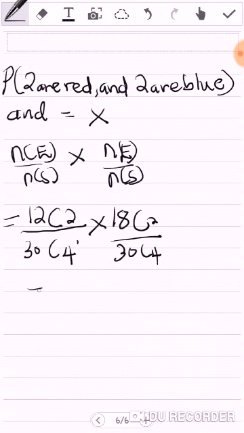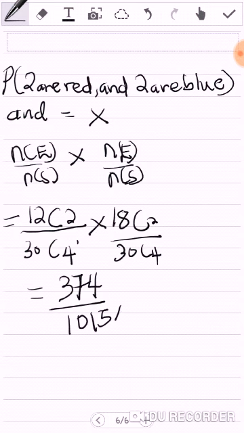Then we are going to get 374 over 1015. This will be our final answer.